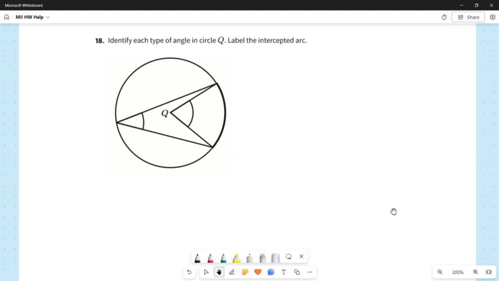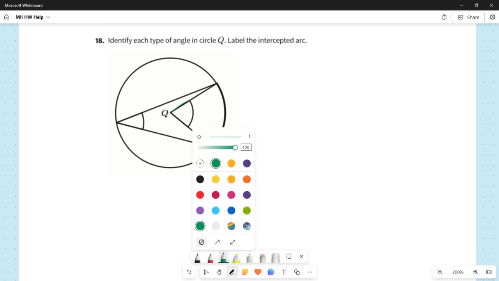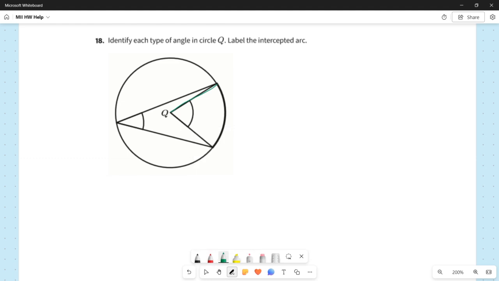The first angle is in the center. So what we have here is a radius. I don't want to use a thick line, so we'll do it in green. We have a radius, and we have another radius, and those two radii form an angle.